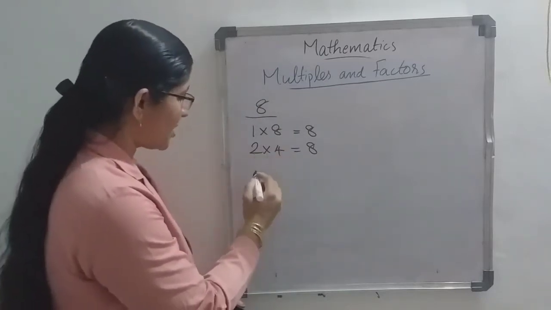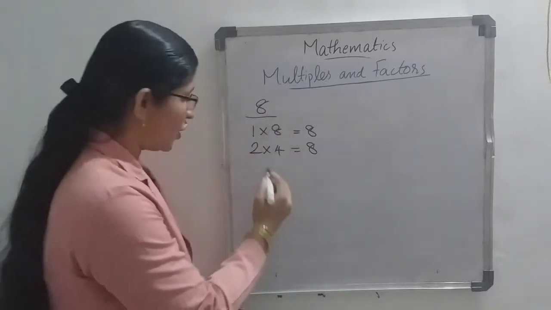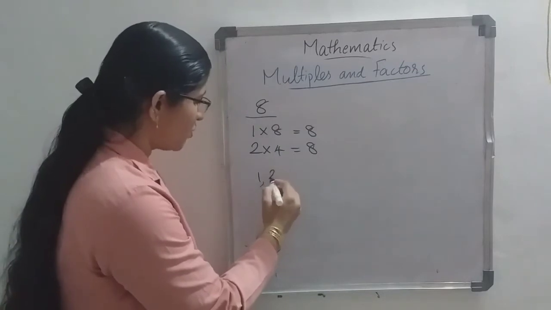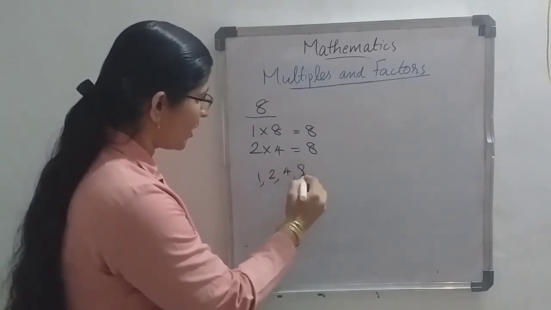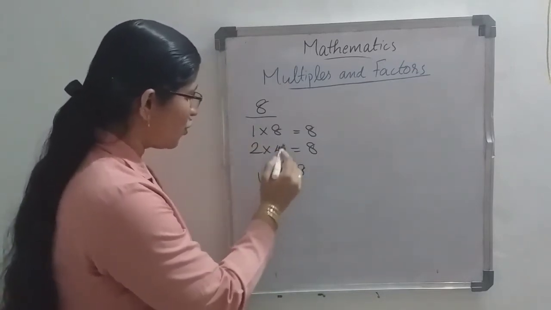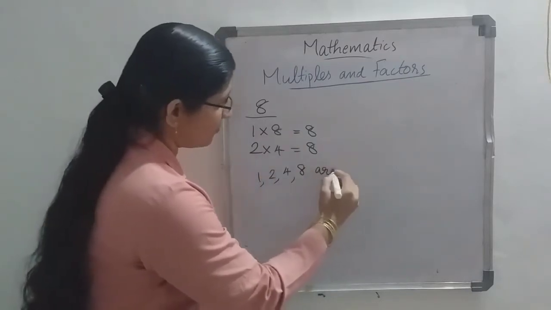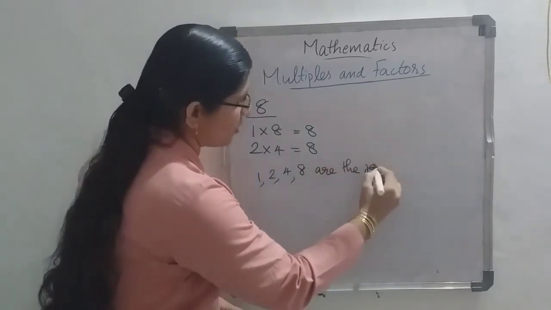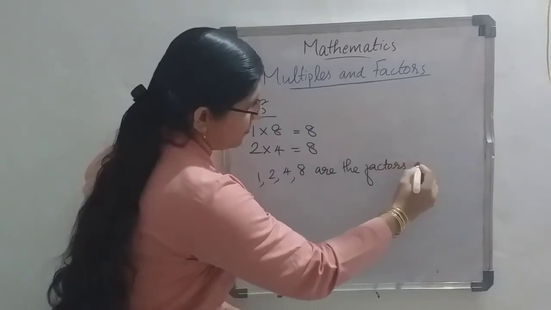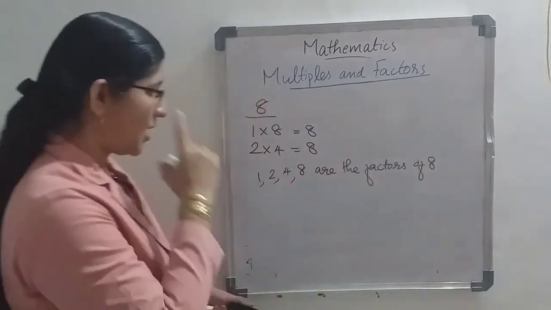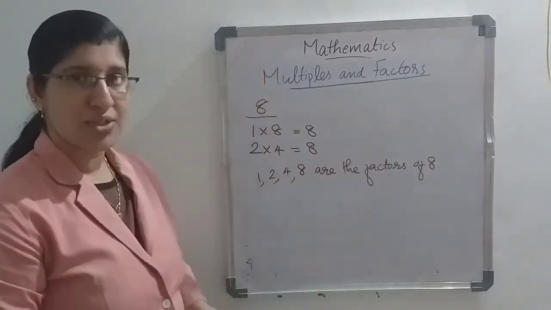We write in ascending order: 1, 2, 4, 8 are the factors of 8.